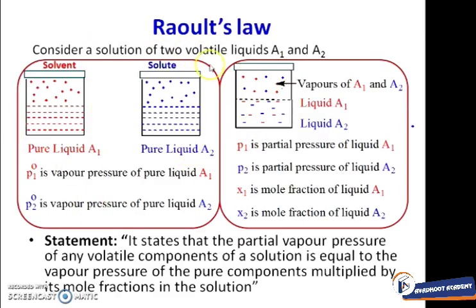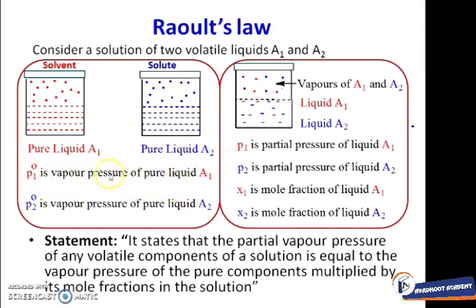Consider two volatile liquids A1 and A2. This is pure liquid A1, and suppose it acts as a solvent when its solution is prepared. It is the larger component in the solution. For this pure liquid A1, P10 is its vapor pressure in pure state.